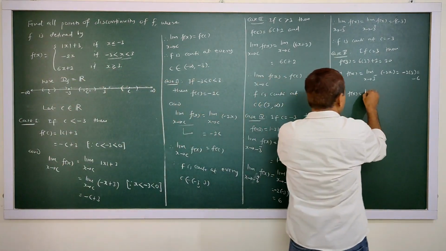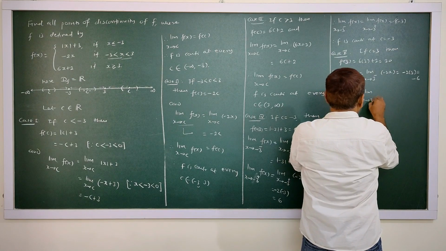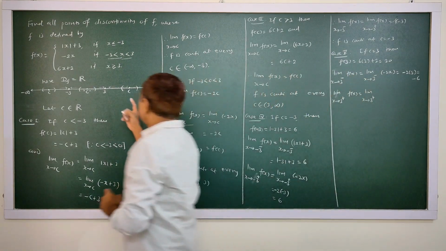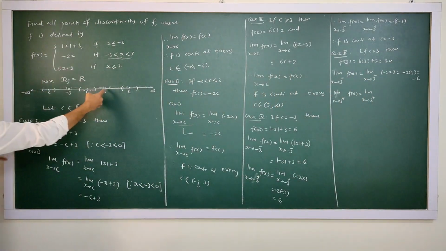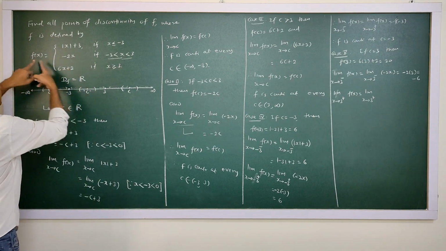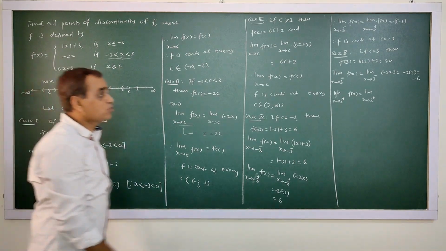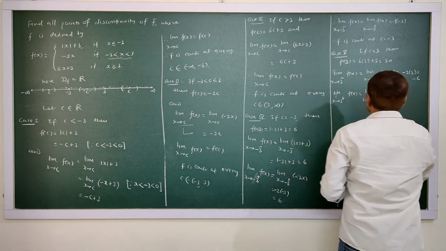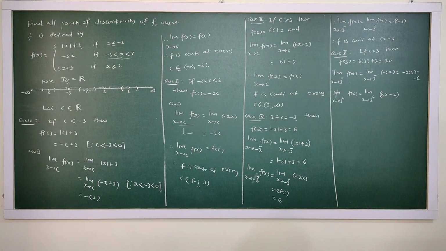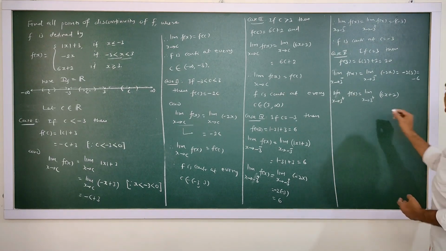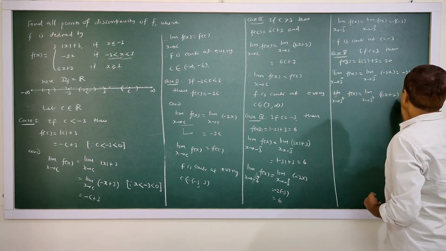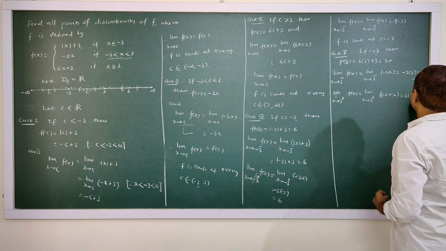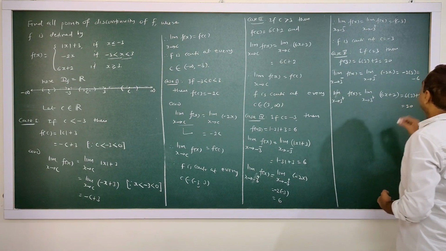So limit, when x is coming towards 3 from right side, x is more than 3, so f(x) is 6x plus 2. So it is 6 into 3 plus 2. So it is 20.